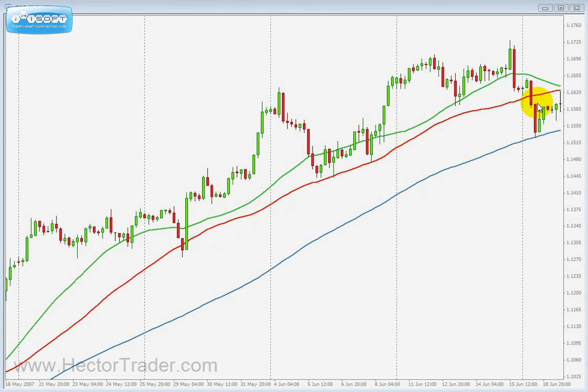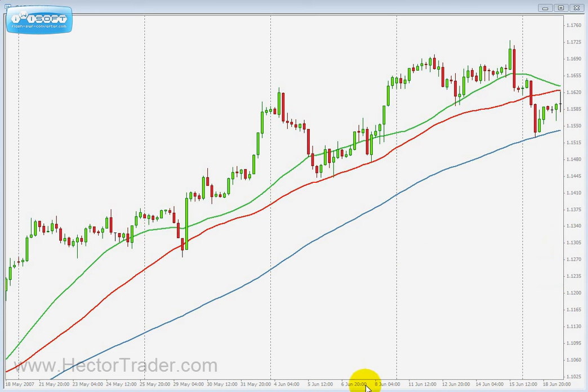Now another condition that is not applying anymore: price is not remaining above the 50. In this uptrend, price is not spending most of the time on the right end of the 50 simple moving average. Remember when I said one or two bars below is okay, but now we've had 1, 2, 3, 4, 5, 6, 7 bars. That's definitely price not spending time at the right end of the 50 anymore.